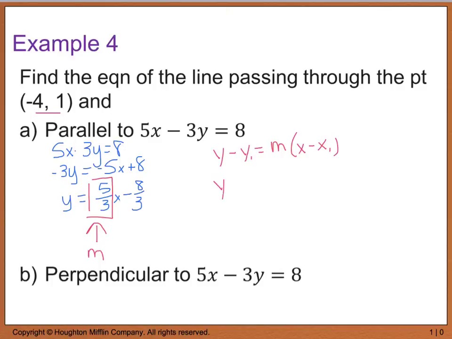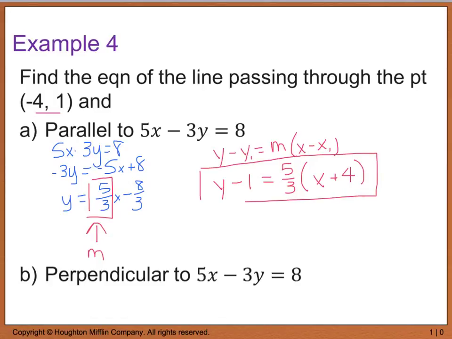So I have y minus my y1, which is 1, equals my slope, which is 5/3, times the quantity of x minus a negative 4, which is x plus 4. And you can leave it just like that. Or if you want, you can continue on and put it in slope-intercept form. But I will accept it just like that.